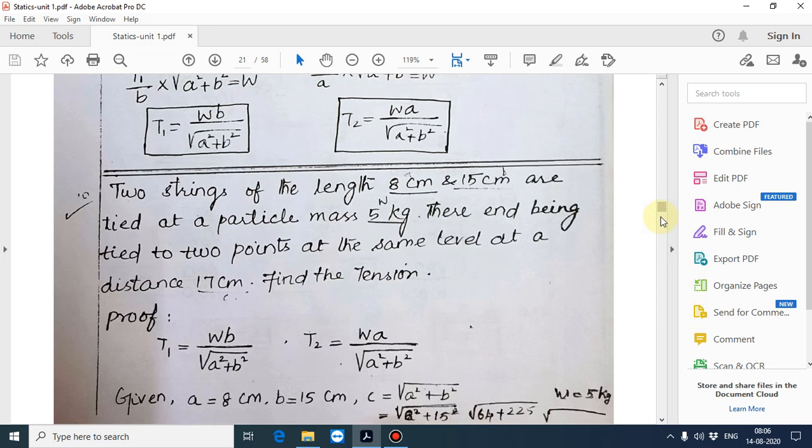Likewise, T2 is equal to WA by square root of A square plus B square.